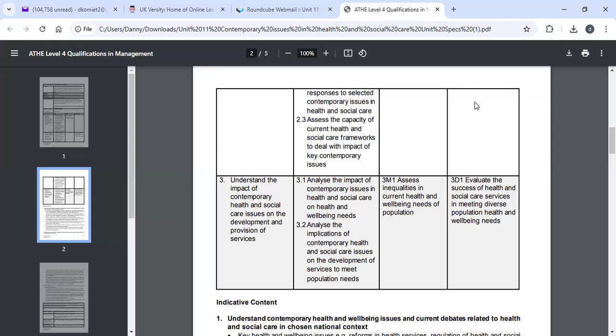These are things that we expect them to do in this lecture for LO3.